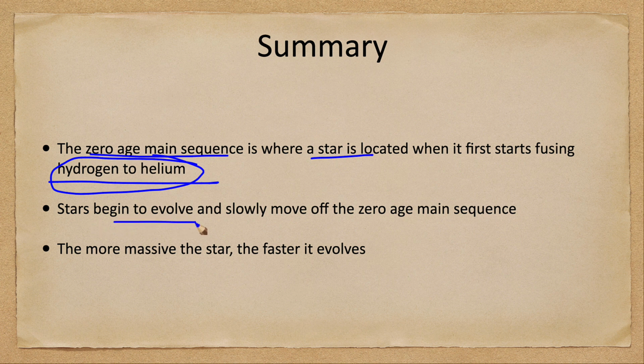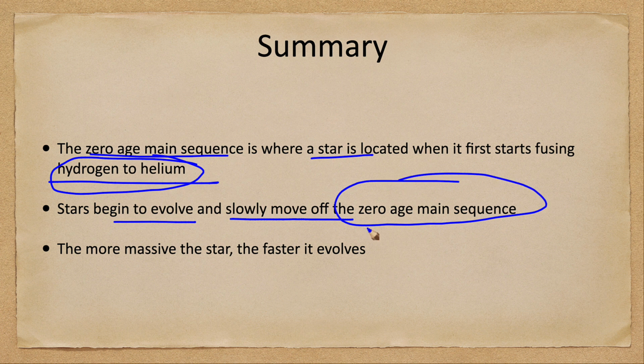The stars will begin to evolve immediately and slowly move off the zero age main sequence. So they don't stay there for a very long period of time. And we find that the more massive the star, the faster it will evolve and move off of the zero age main sequence. So that concludes this week's special topic in astronomy on the zero age main sequence.